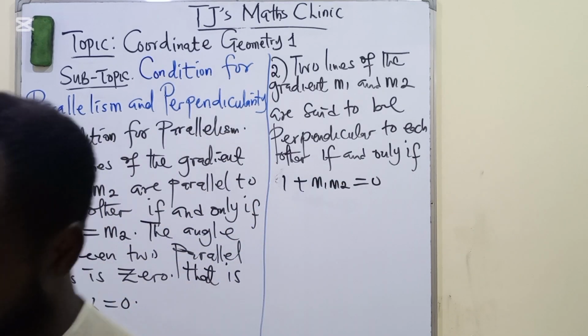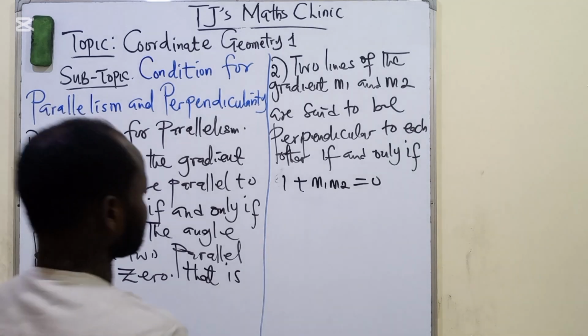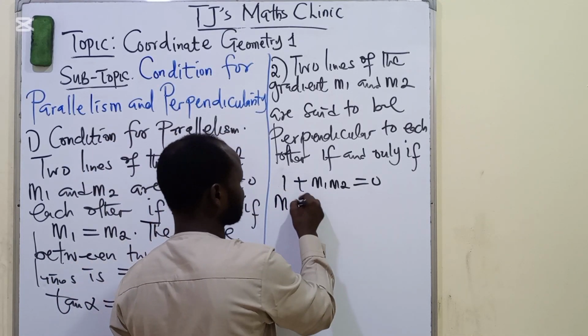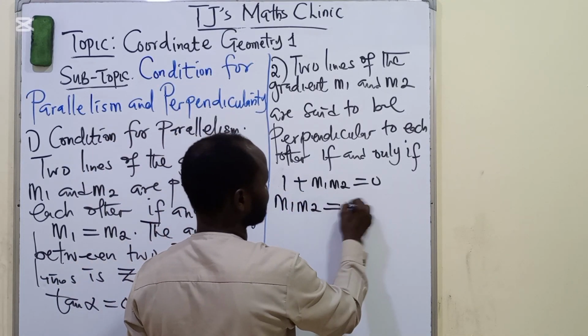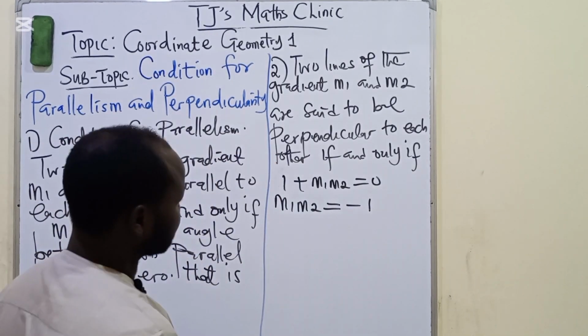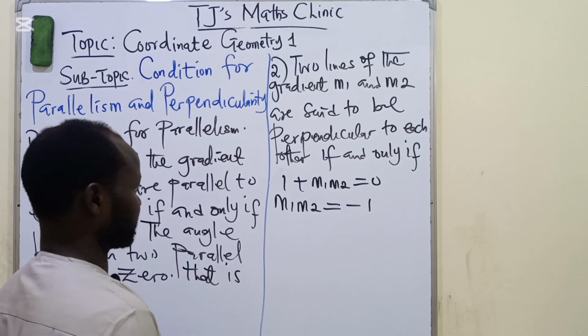Very important concept. It means if m1 multiplied by m2 is equal to -1, then the two lines are perpendicular to each other. Very important.